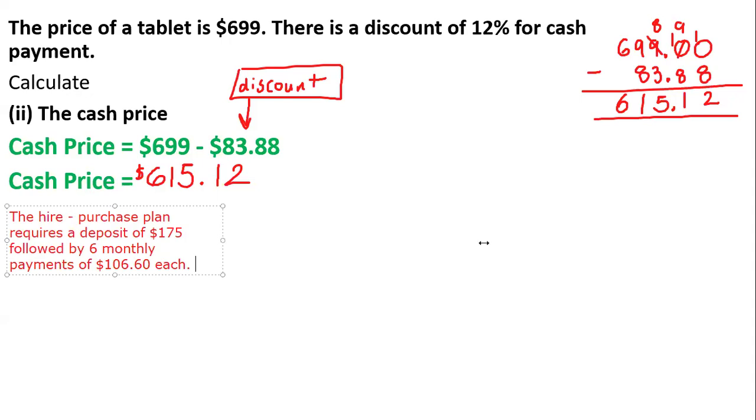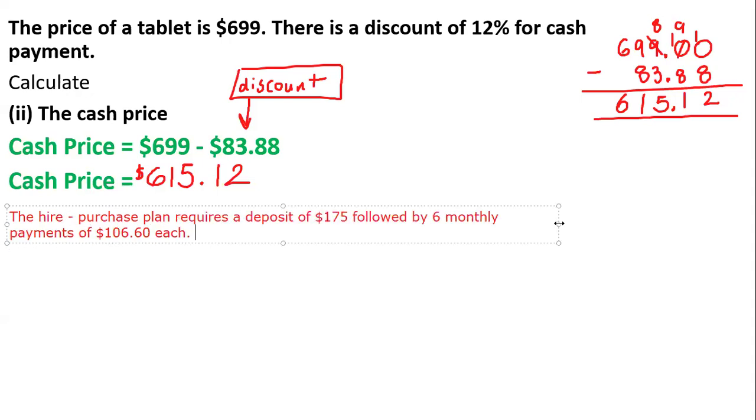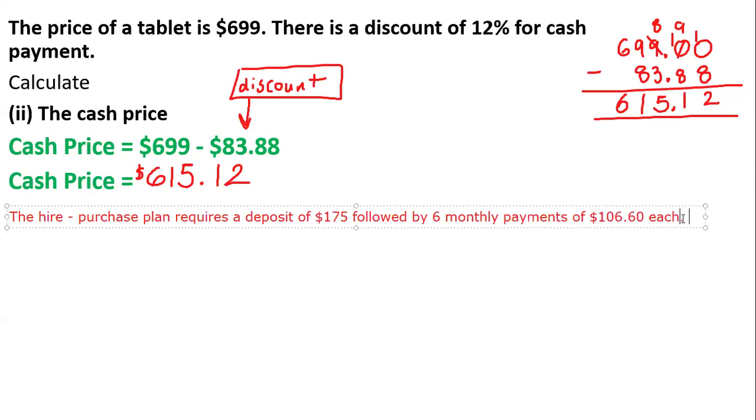That's gonna be my hire purchase plan. So my hire purchase plan says, okay, you don't have enough money to buy it in full. You're saying, oh, it's too expensive. All right, so it's $900.